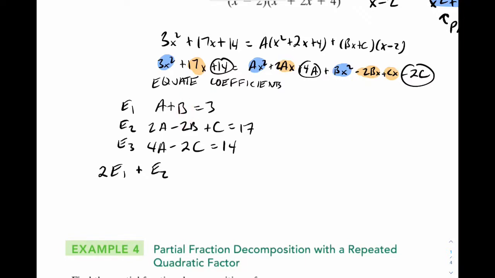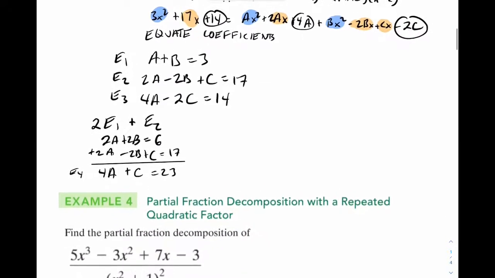So let's try that. 2E1 is 2A plus 2B, that's equal to 6. E2 is 2A minus 2B plus C, that's 17. If I add these, I get a pretty nice equation. 4A plus C, that's 23. And that's going to be equation 4.